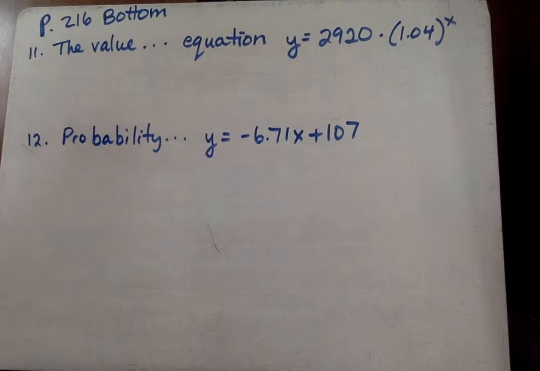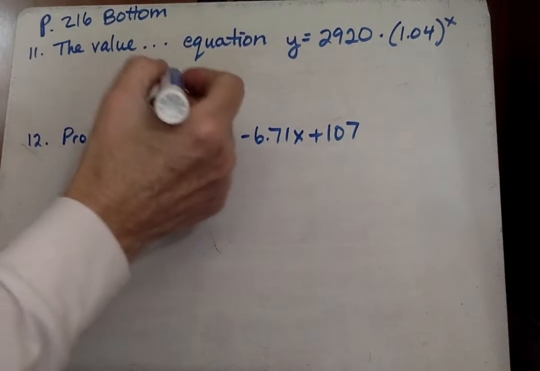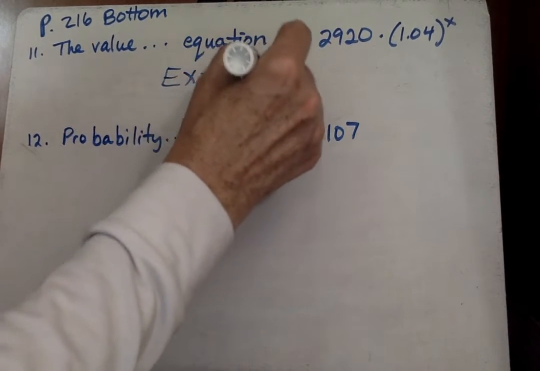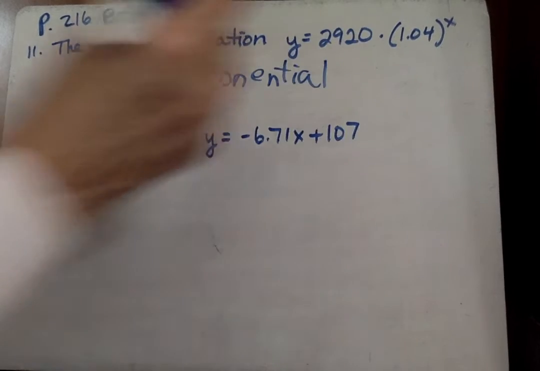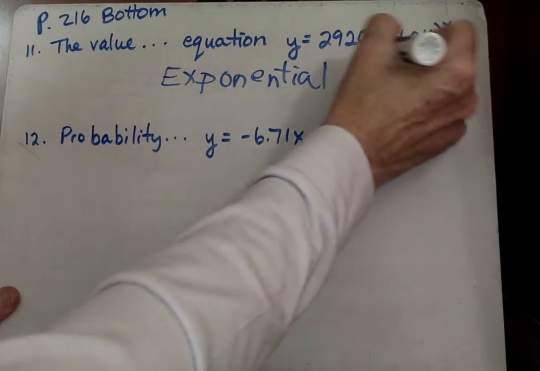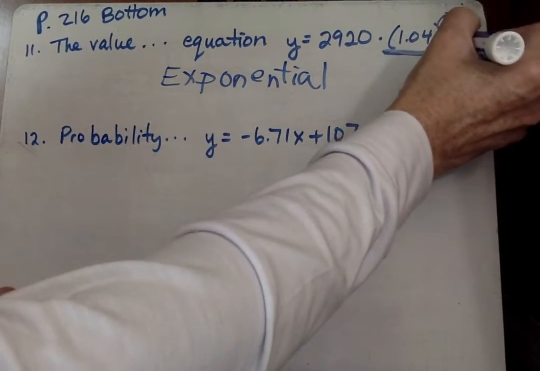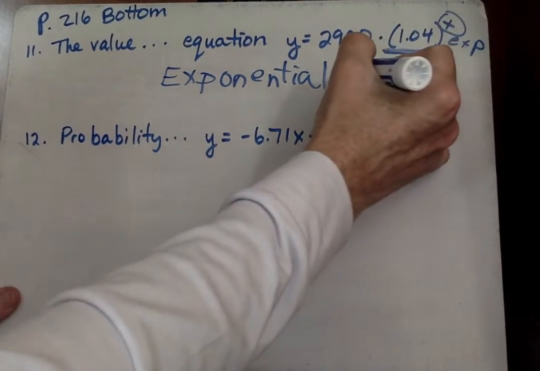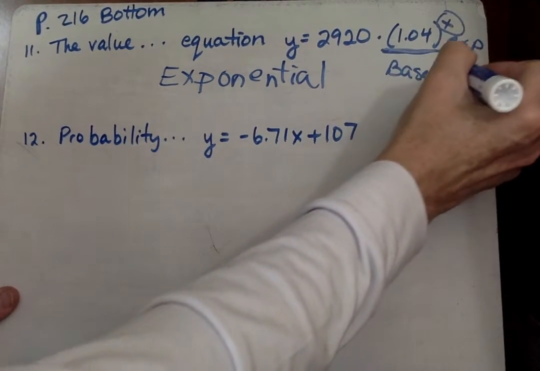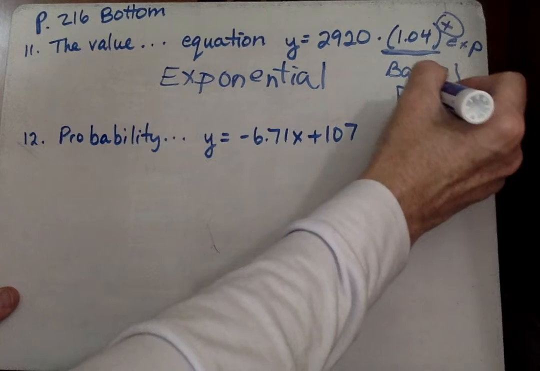So the next thing you want to do is look at this number. So we know it's exponential, but we don't know whether it's positive or negative. Now, if it's an exponential equation, you look at the base. This is the base right here. This is the exponent. Now, if the base is greater than 1, it's positive.